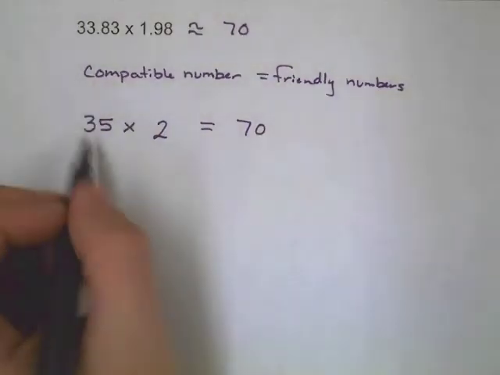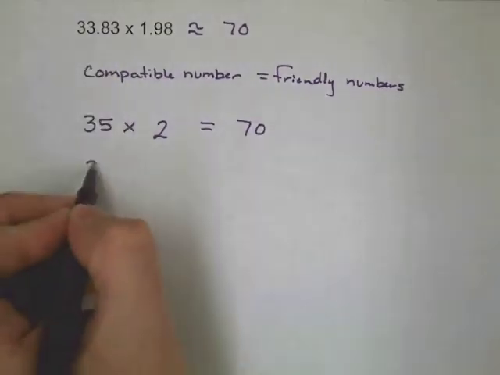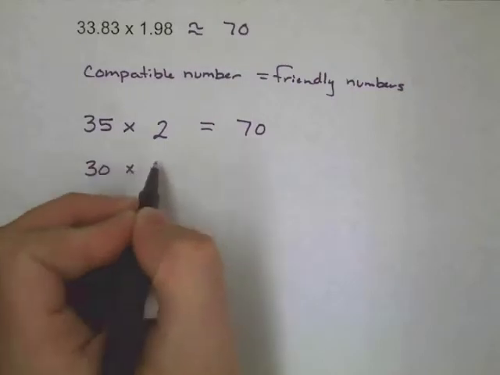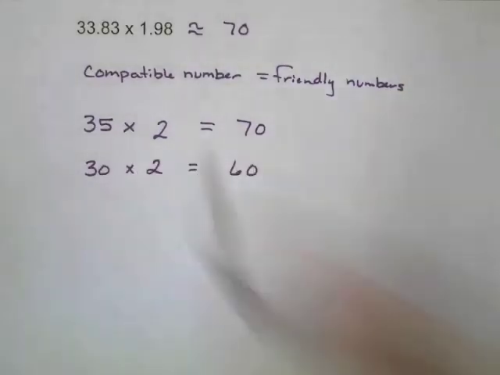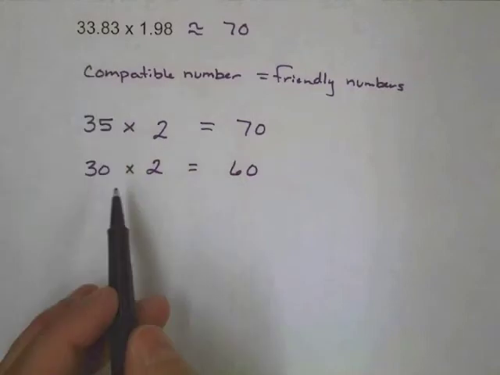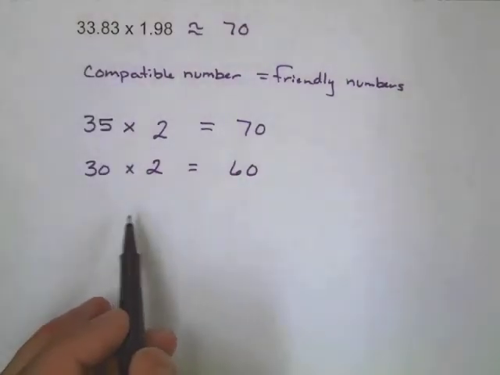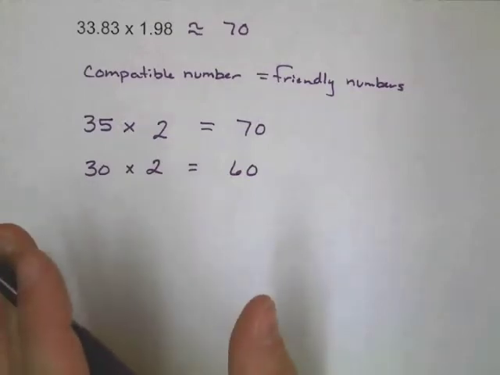Now, is this the only friendly number that I could use? No. I could look at this and think, well, 33 and 83/100ths is very close to 30. And 1 and 98/100ths is very close to 2, which gives me pretty close to 60. Now, because I'm rounding down, I'm moving a little bit further away from my actual solution. But again, if we're estimating, that may be okay.